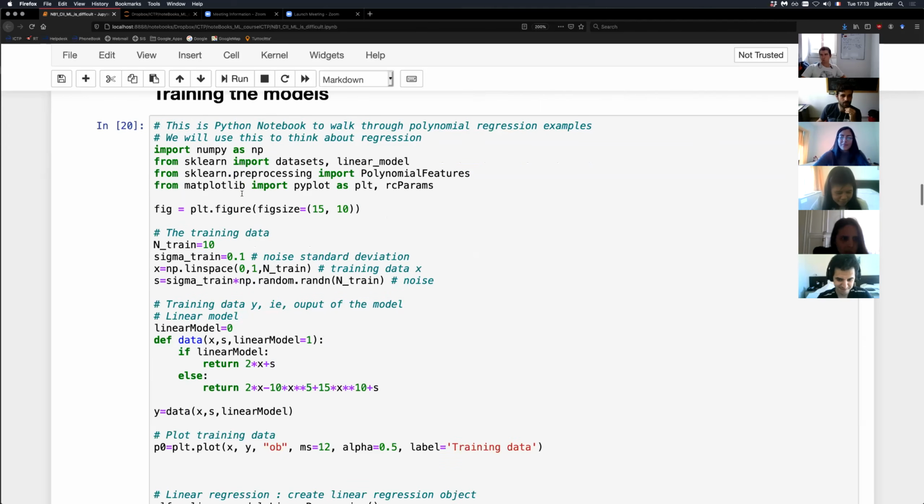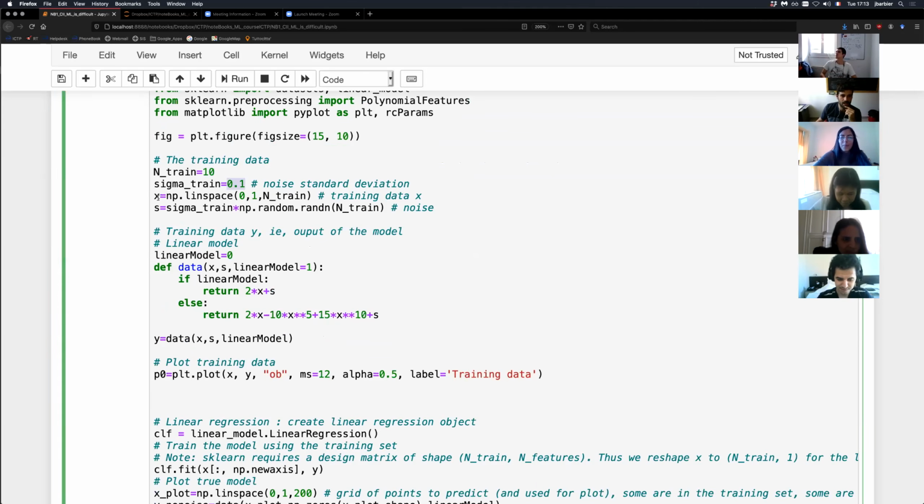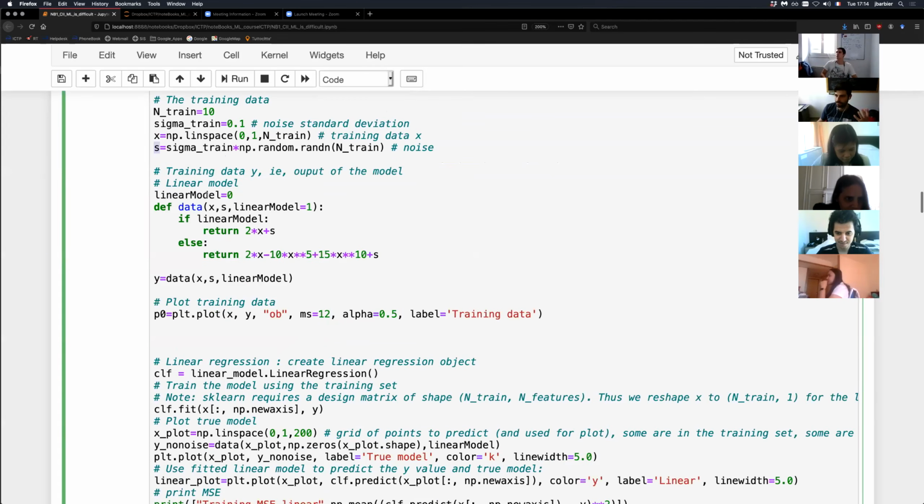So here is the notebook. Essentially what you have to play with is the number of training points and the standard deviation of the noise. Here is the training data. It just generates uniform points between 0 and 1 and trains on them. And here is the noise, it adds them. I will not go into too much detail.